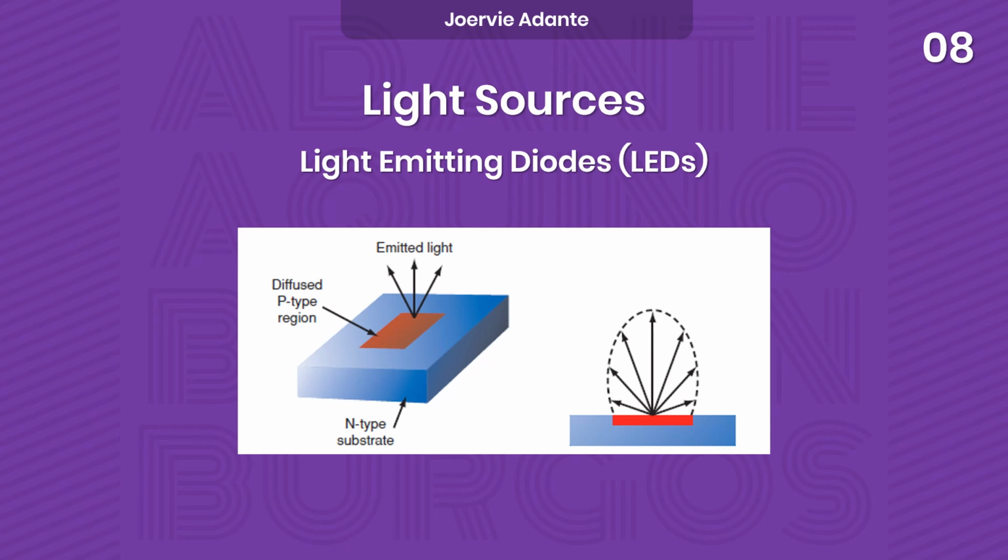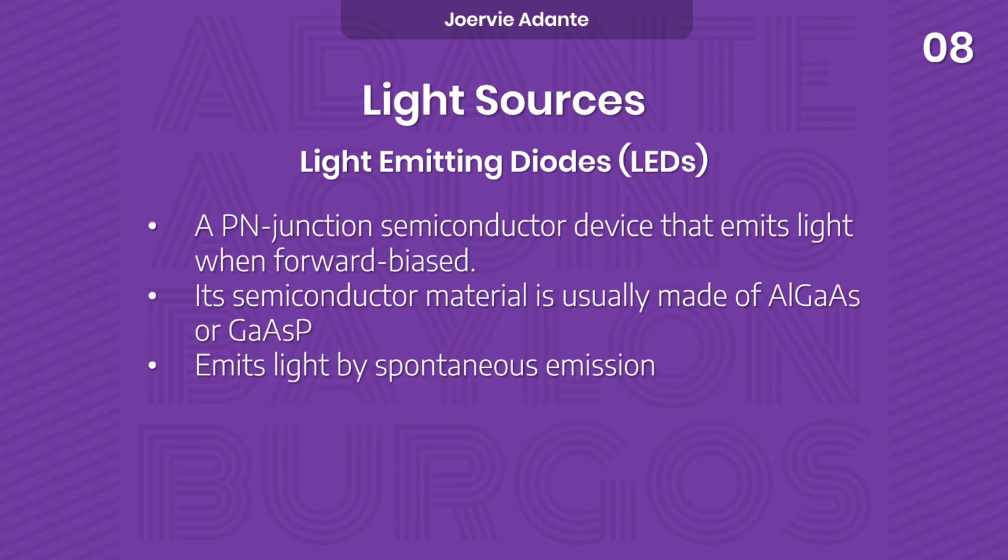The physical arrangement of an LED is shown on the left, where the radiation is occurring from the P-type material around the junction. Light radiation of LEDs are shown on the right. For the LEDs, it is a PN junction semiconductor device that emits light when forward biased.